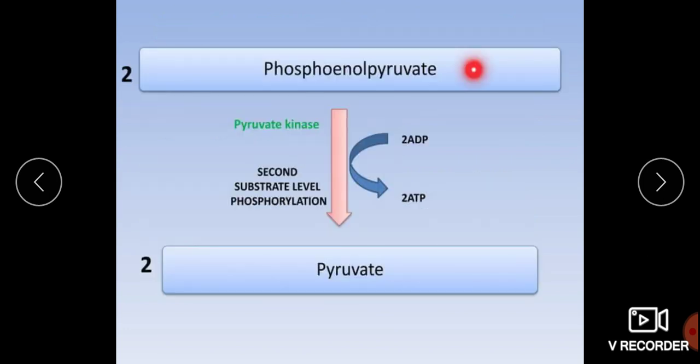Phosphoenol pyruvate gets converted into pyruvate, dephosphorylation of PEP. Because of this dephosphorylation, the phosphate molecules are accepted by 2 ADP molecules and lead to formation of 2 ATP molecules. This is the second example of substrate level phosphorylation. The reaction is catalyzed by pyruvate kinase.